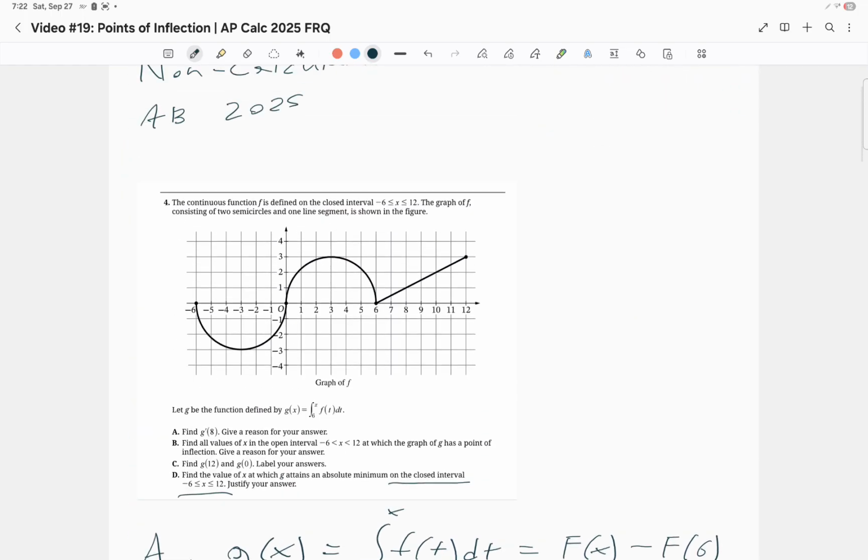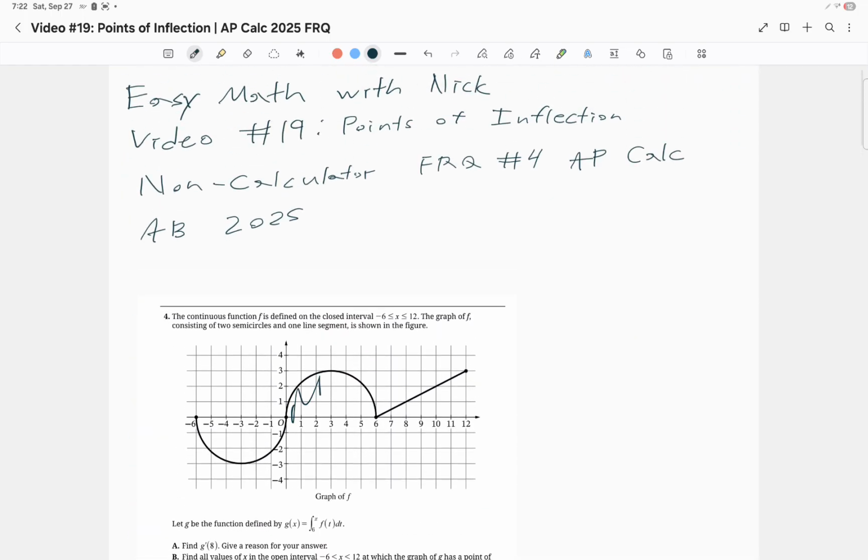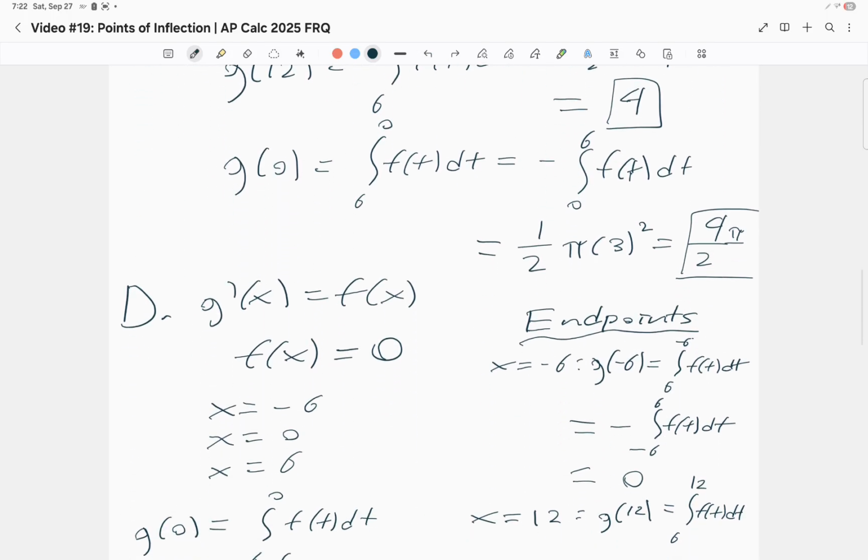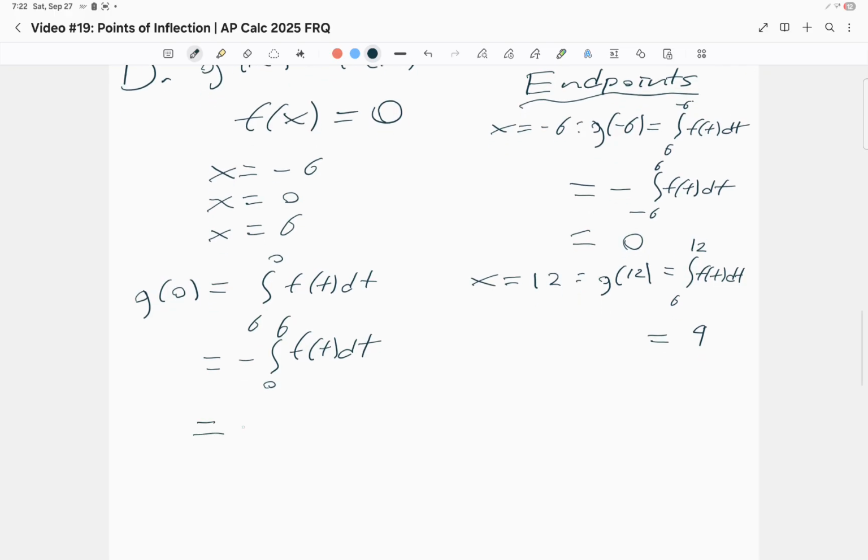And what is that? That is this semicircle here. But we make the area negative, so it's going to be negative 1/2 pi times 3 squared, because it's 1/2 pi r squared. So negative 1/2 pi times 9. So that is g of 0.